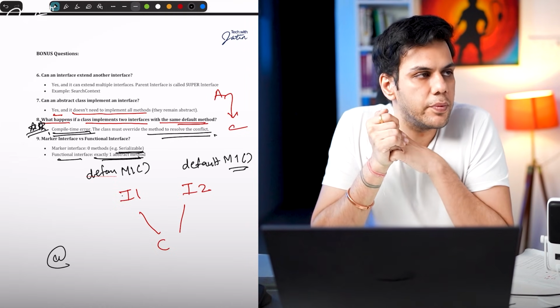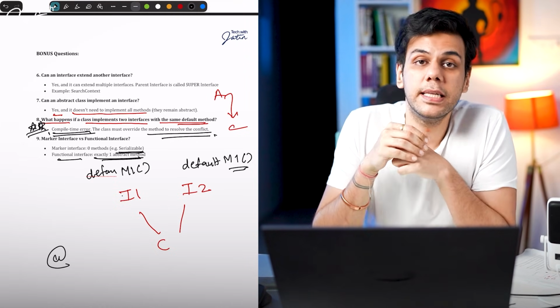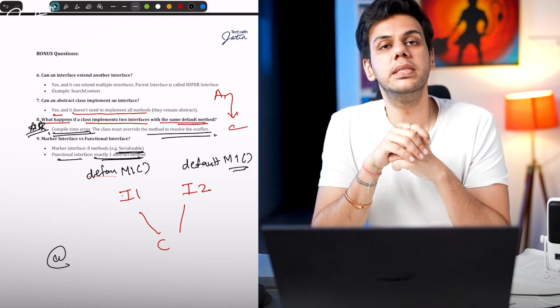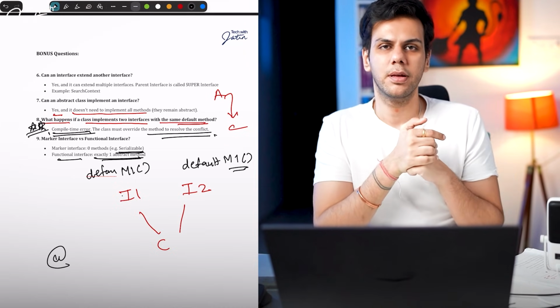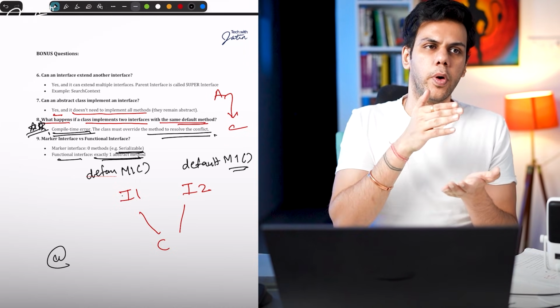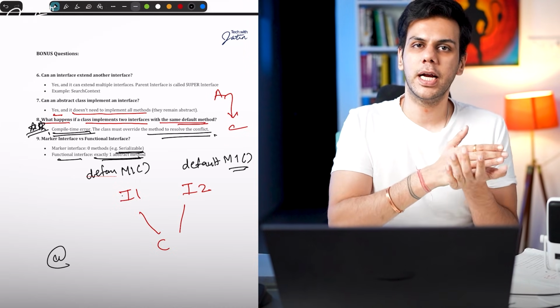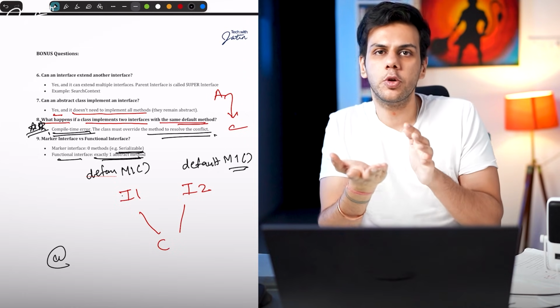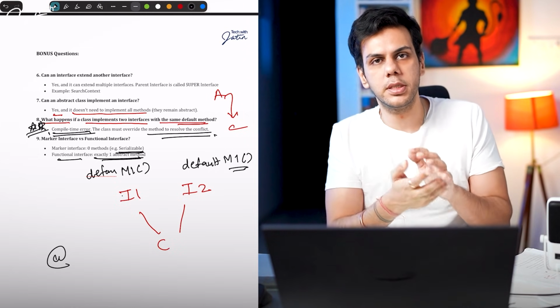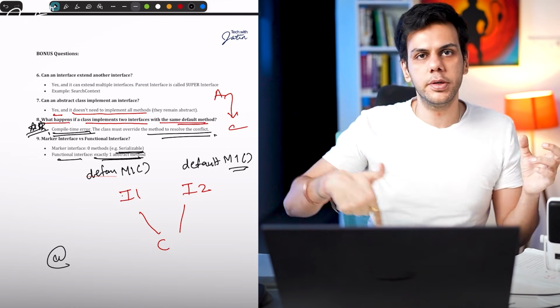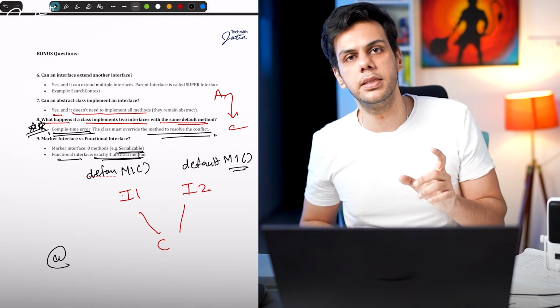Now, you might have heard of this particular term, serialization, deserialization. What is serialization? A lot of times people are going to say, whenever we have a Java object and that Java object gets converted into a JSON object, we call it serialization. The reverse, when you have a JSON object and you convert it into a Java object, is called deserialization.